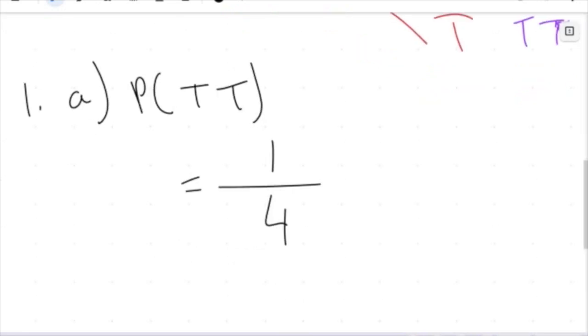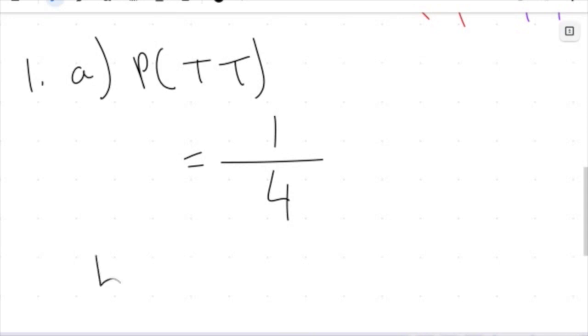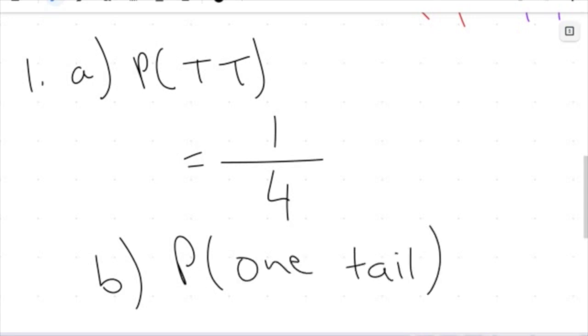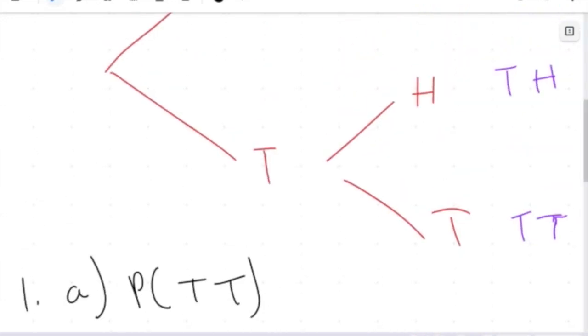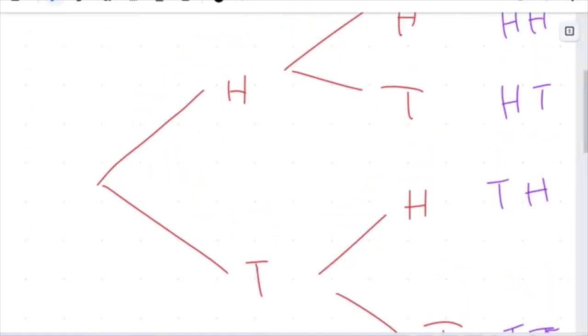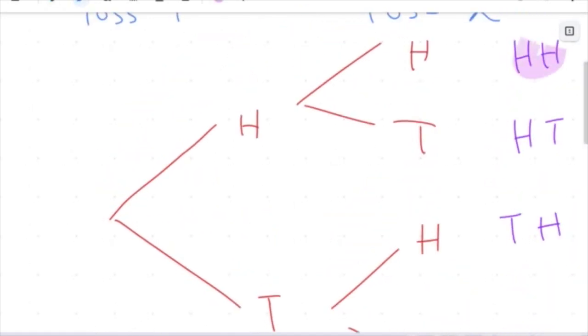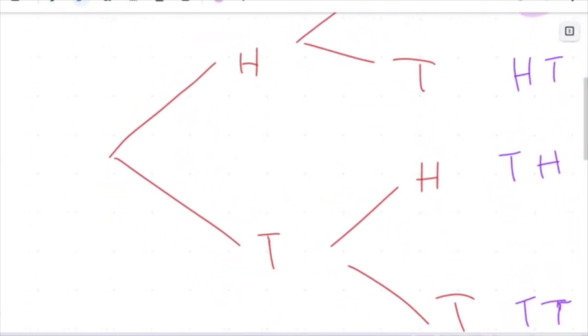Now, for part B, we want to find the probability of 1 tail. So the only times when we get 1 tail. Looking here, my first one has no tails. My last one has 2 tails.